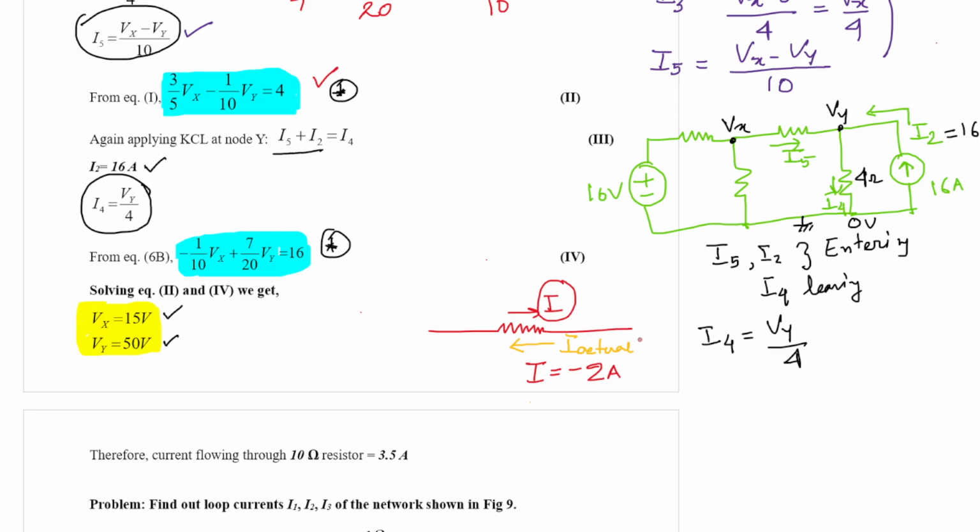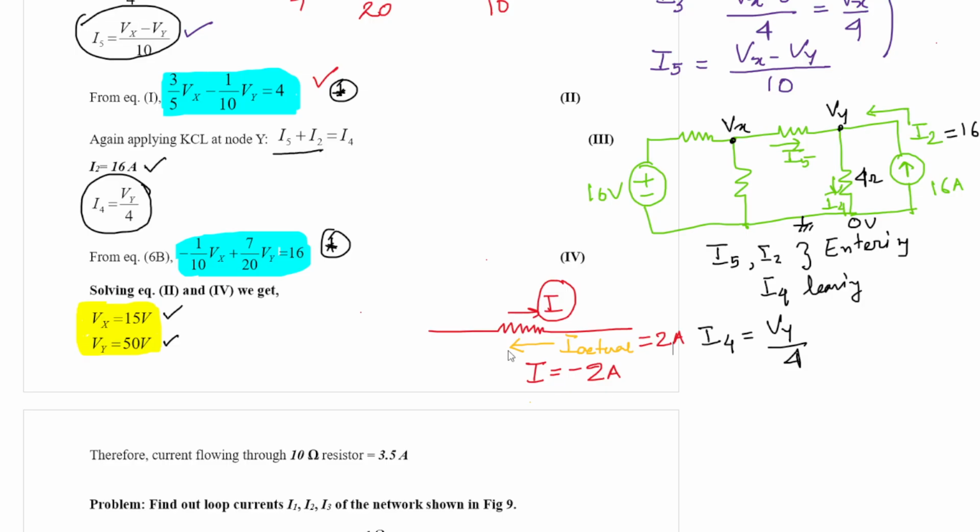In actuality, current was flowing 2 ampere, but since your assumption is just reverse, you will get the answer with a negative sign. That is the only thing. Please remember, if your assumption does not match the actual current direction, your answer will be the same, but with a negative sign.